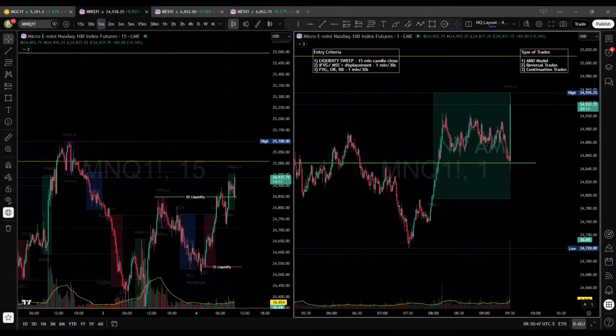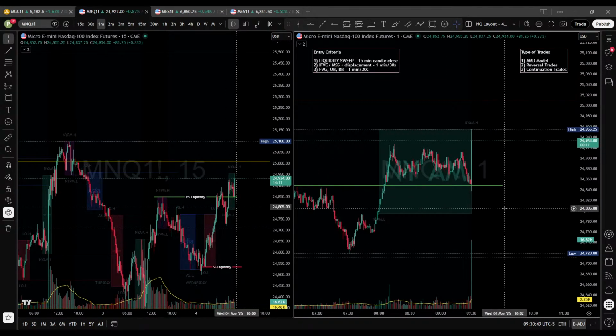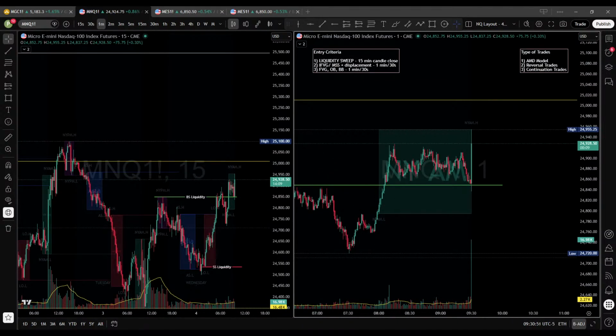We need a strong candle. The candle has closed green. I'm looking for longs.